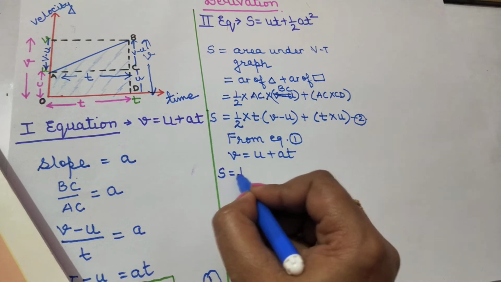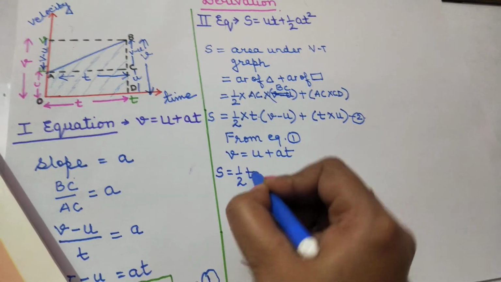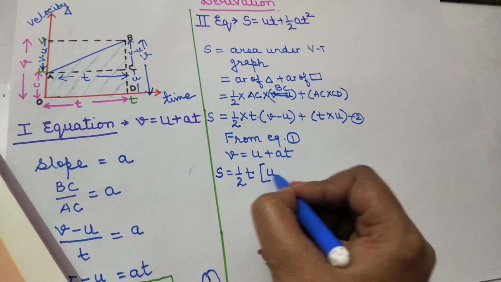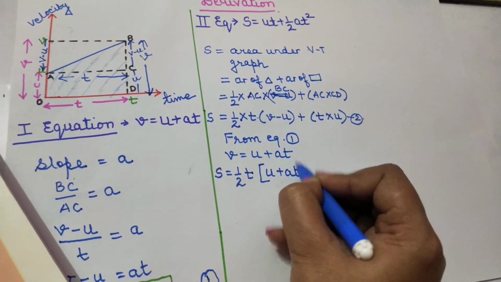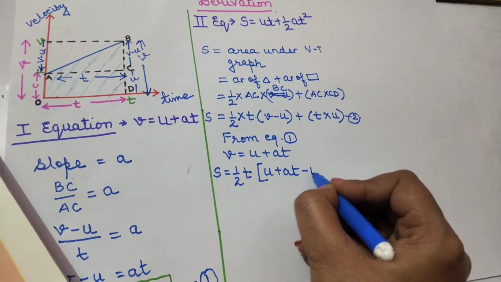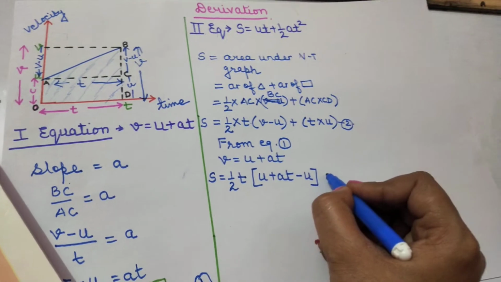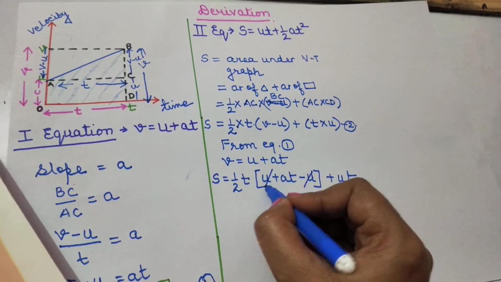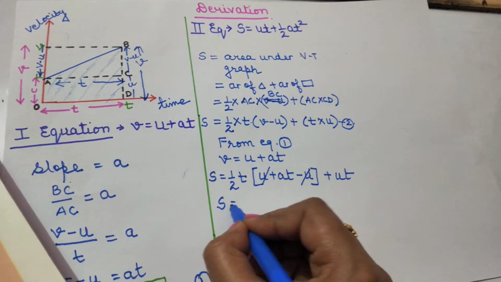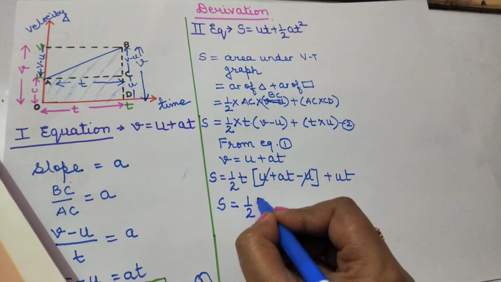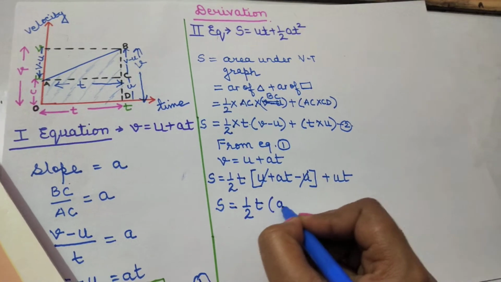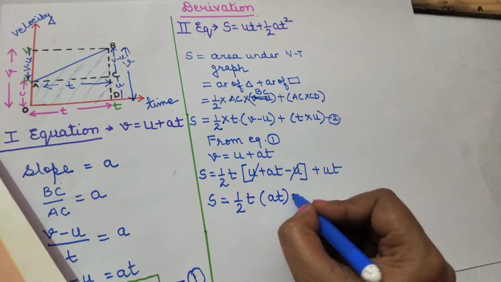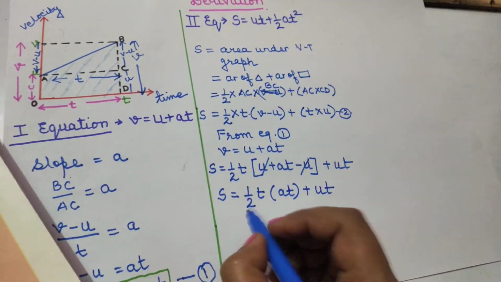S is equal to half T, putting in place of V, U plus AT minus U, and this will be plus UT. So this U will be cancelled out. You will get S is equal to half into T into AT plus UT.